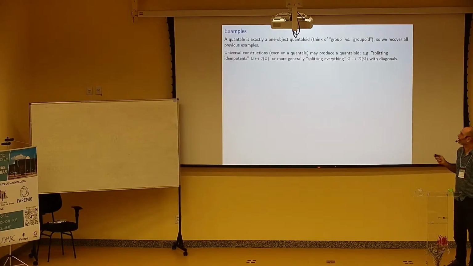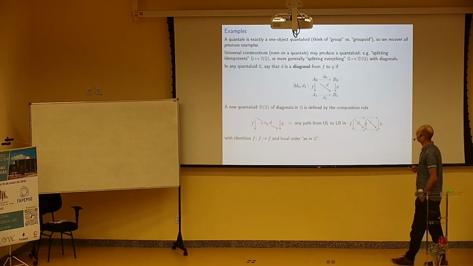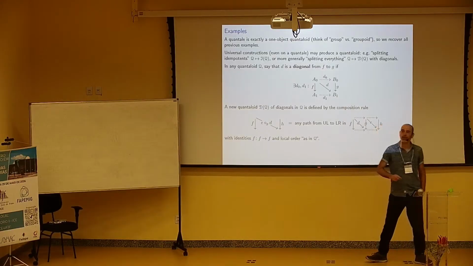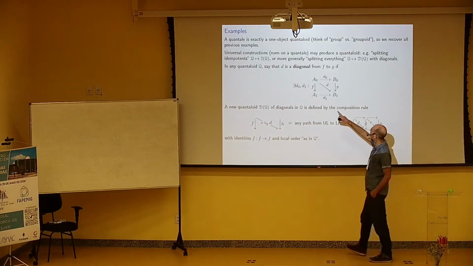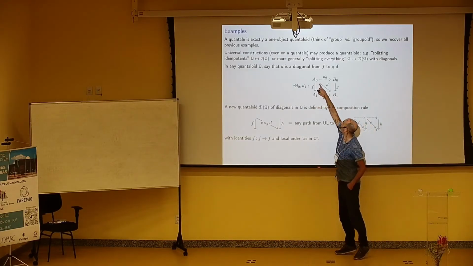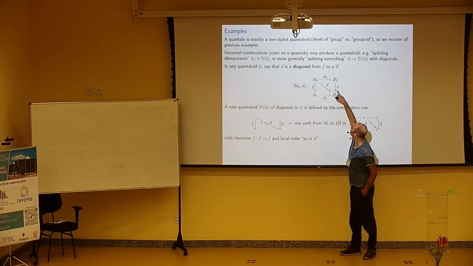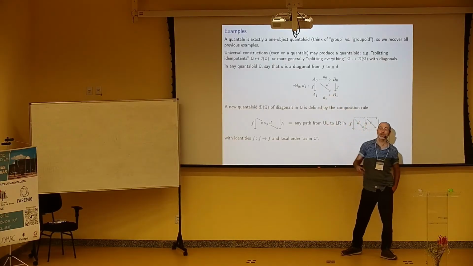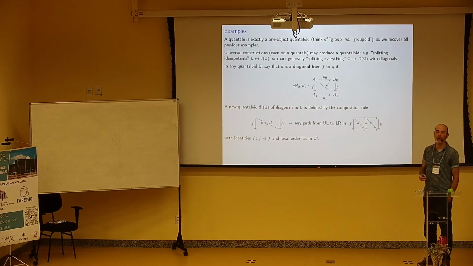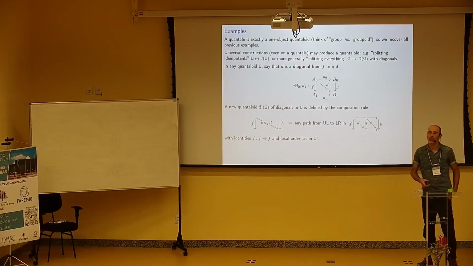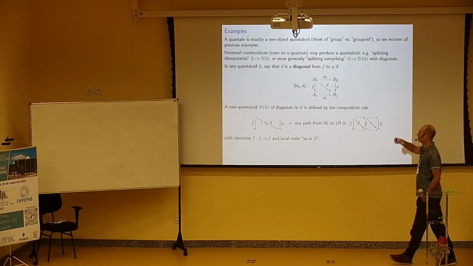Splitting everything. So here's a fun construction. Say that you have a diagonal between two arrows in a quantaloid, F and G. You have a diagonal when you can complete this diagram in a commutative way. So there exist D0, D1, making everything commute. In fact, you can prove that if there exist D0, D1, then there exists a universal one, and you can write things in a much nicer way, but this is a perfectly fine definition.